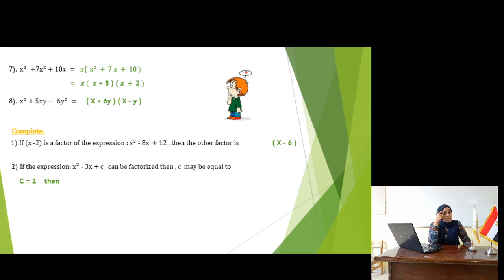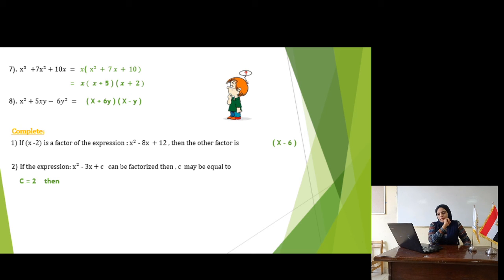The only number here is 2, because the only number we can factorize into two factors whose sum is 3 is 2 and 1. So we will factorize the expression into x minus 2 and x minus 1.